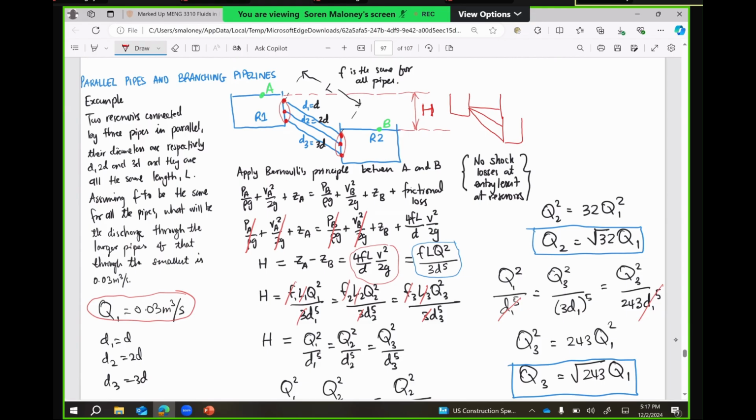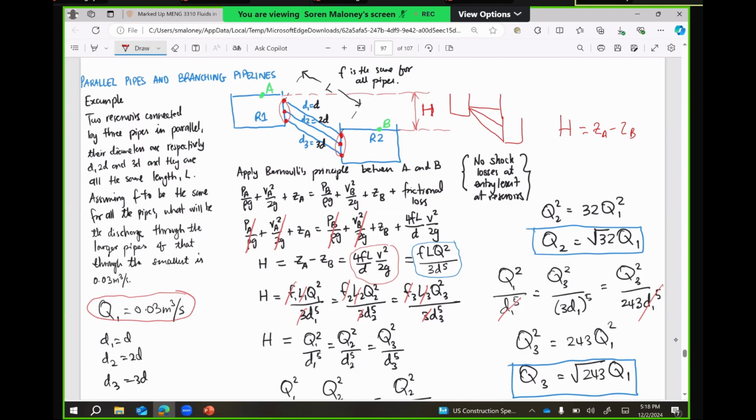But my Z, if you want to say my ZA minus ZB, so if you want to say that H is equal to your ZA minus ZB, that's going to be the same for each one of these pipes.